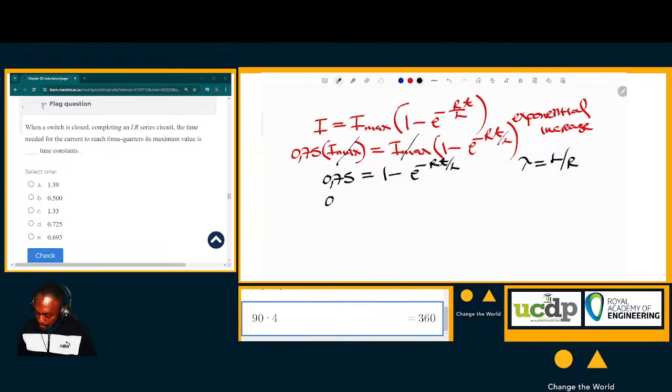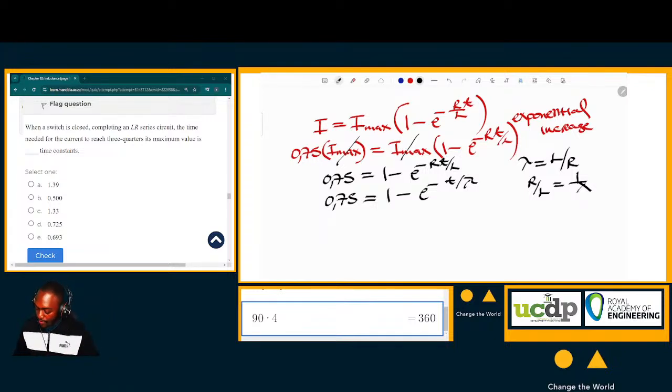So we can express it that way. Then this would be 1 minus exponential negative, where R over L equals 1 over the time constant, so this will essentially be t over the time constant.